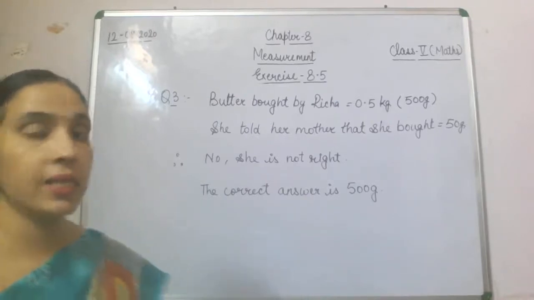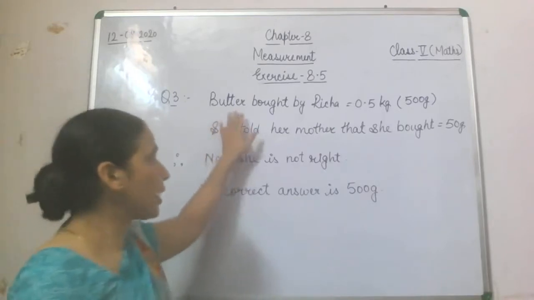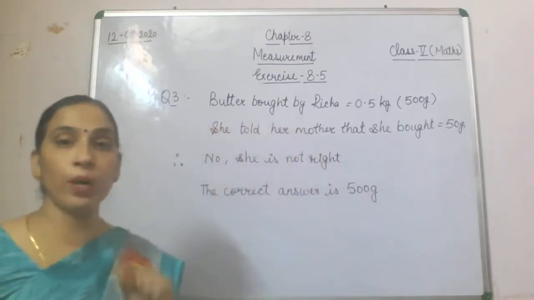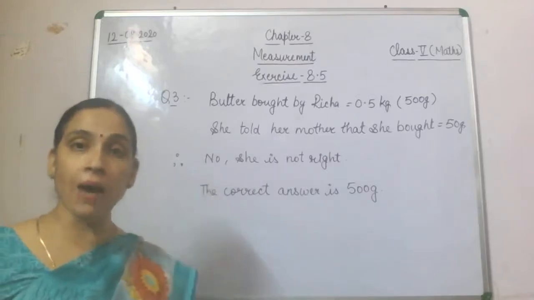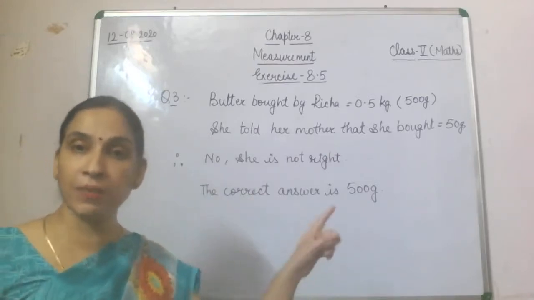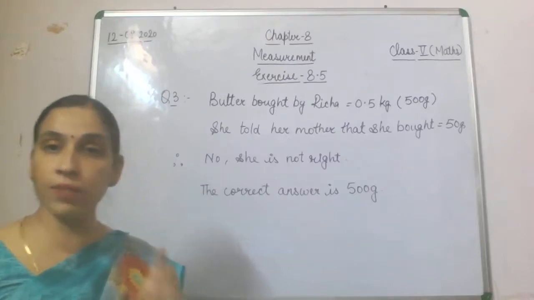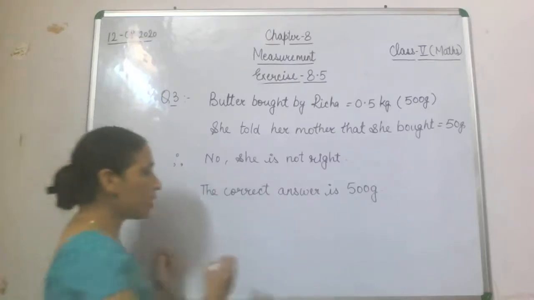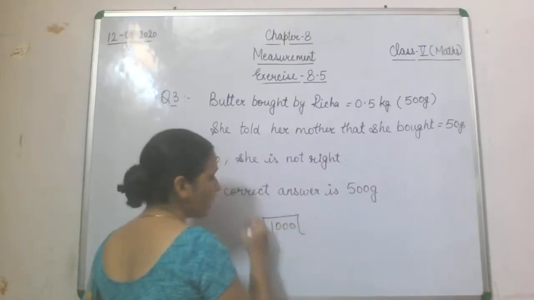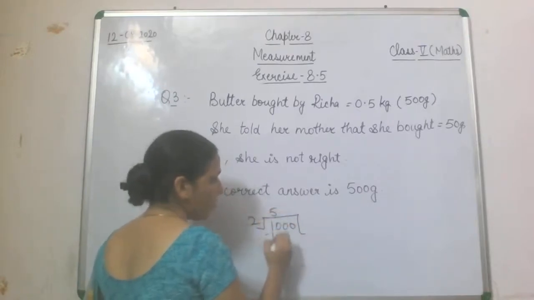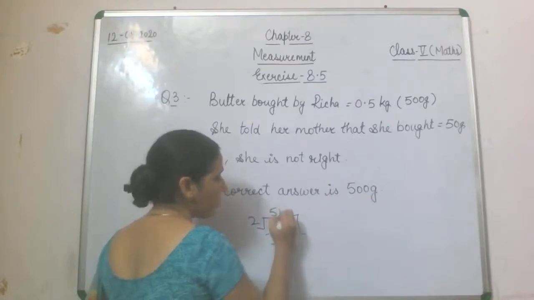Was she right? The answer is, actually, Richa bought 0.5 kg butter. 0.5 kg means half kg butter, that is 500 gram, because in 1 kg we have 1000 gram. So this 1000 will be divided by 2, and we will get 500.